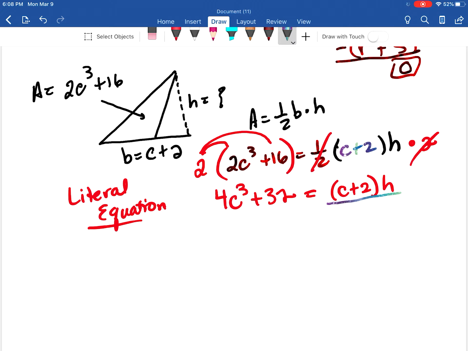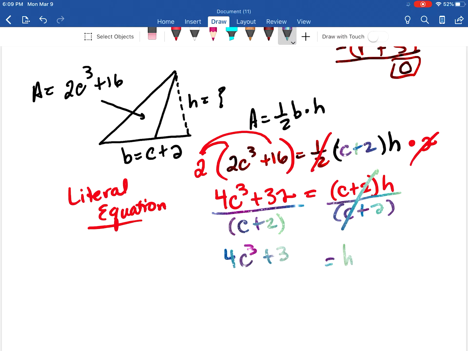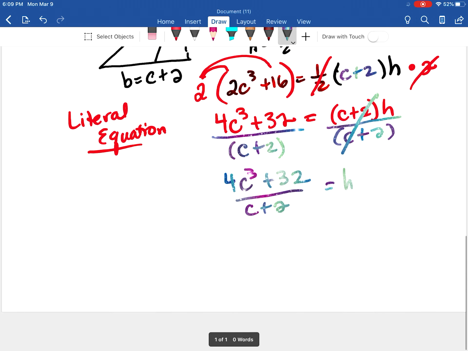Now, I'm going to divide this side by c plus 2. I'm going to divide this side by c plus 2. That cancels, so h is equal to 4c cubed plus 32 over c plus 2.